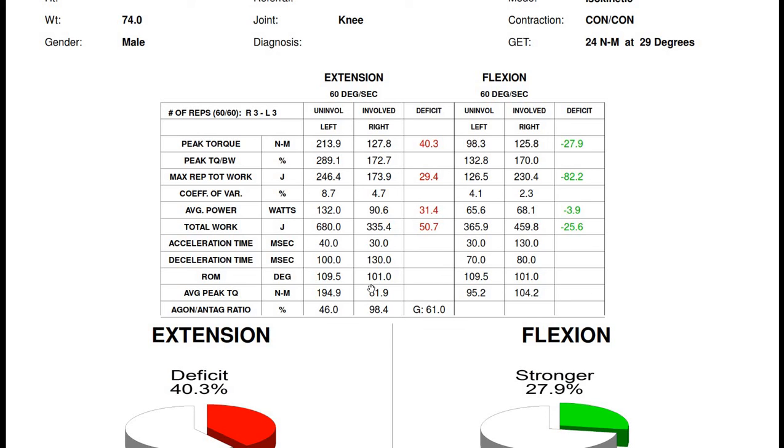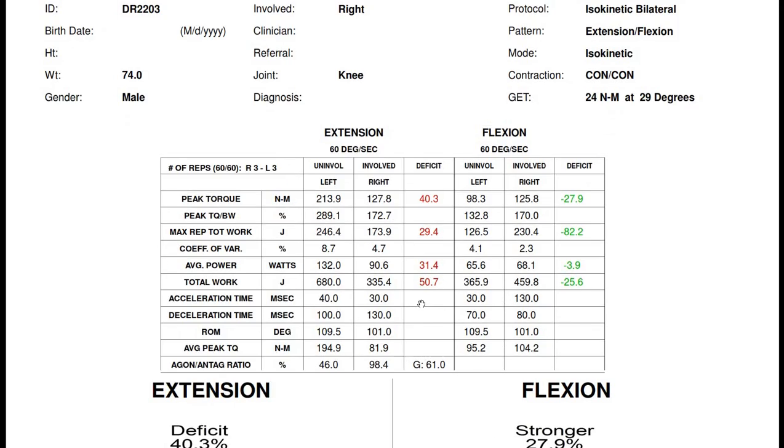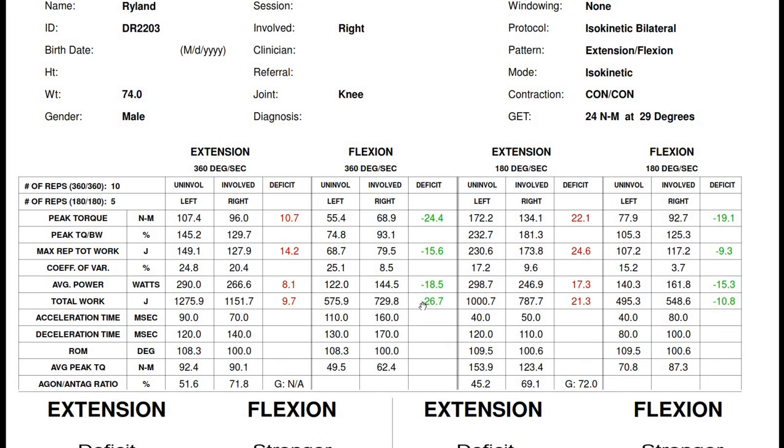Assuming this test was performed correctly, and the coefficient of variance actually says that it was, then this needs addressing. As the angular velocity increases, so too does the HQ ratio. So at 180 degrees per second, we should see an HQ ratio of 72.